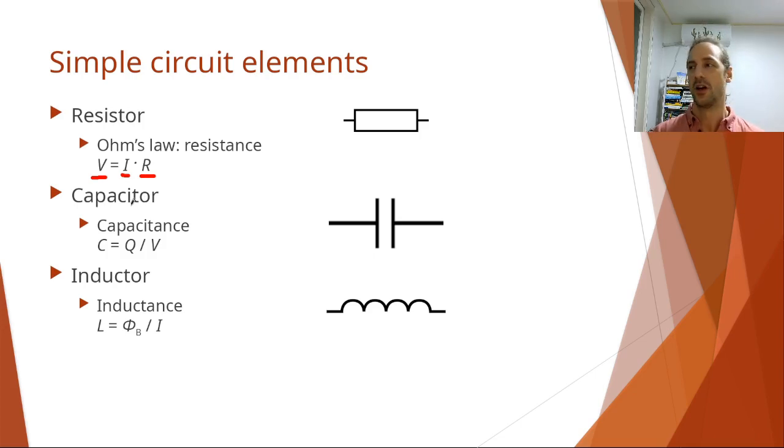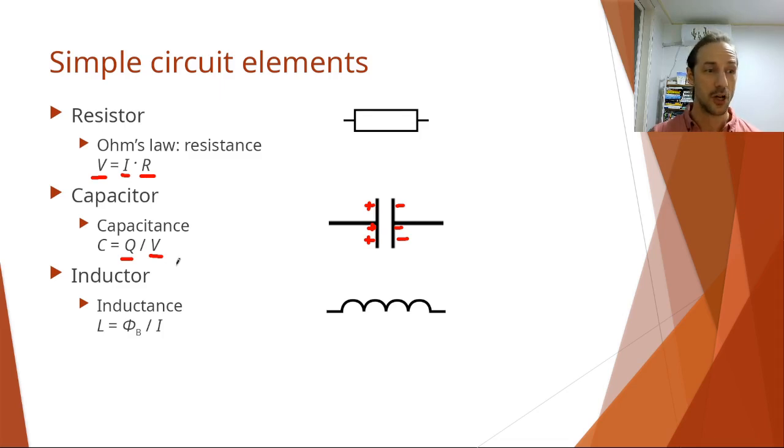A capacitor is going to have two plates, and on one of the plates the positive and on the other plate the negative charges will be accumulated. In the capacitance case, the capacitance is going to describe the ratio of the charge accumulated to the voltage.